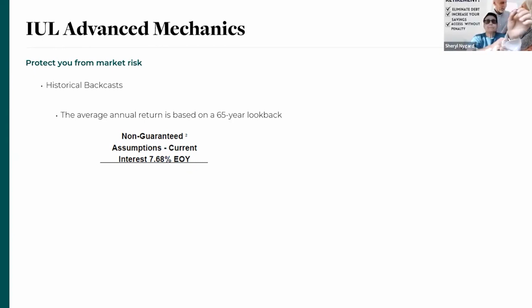Yes. So AG 49 is the actuarial guideline that dictates how our illustrations are run. And it says we have to illustrate with a 65-year look back. Okay. And that's where that number comes from. So it's not really based on 10-year, 20-year, right? It's based on a 65-year look back with those rules.